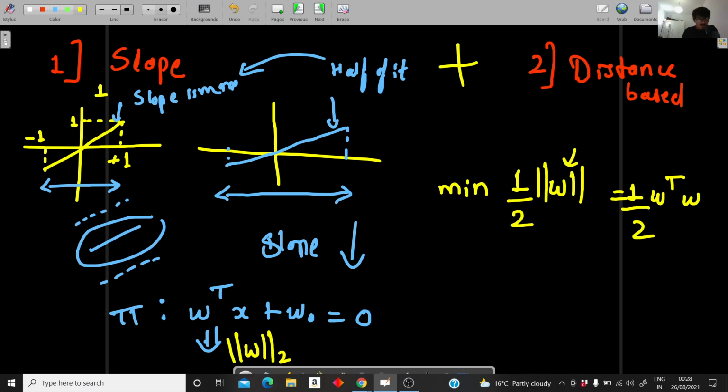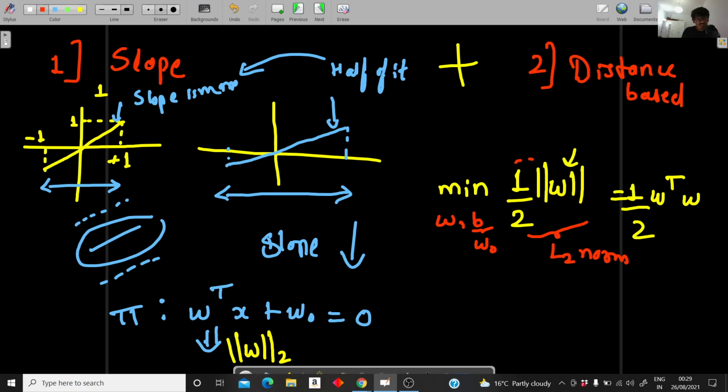So we have to minimize this slope, but what will we minimize over? We have to find those W's and B, or W naught. I'll use B and W naught interchangeably. So we have to find those W and B that minimize this slope, or this L2 norm of our weight vector.